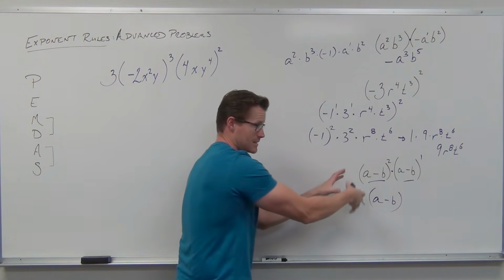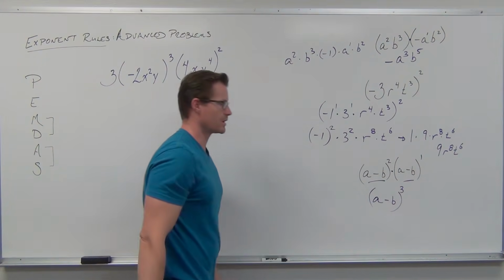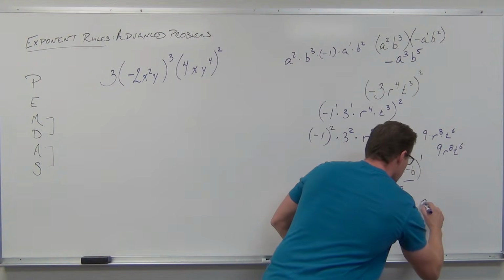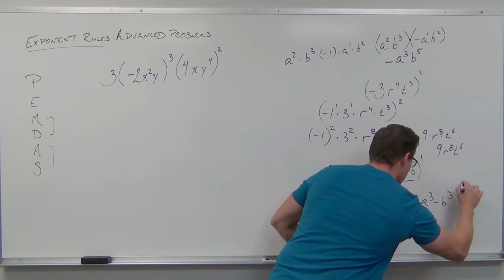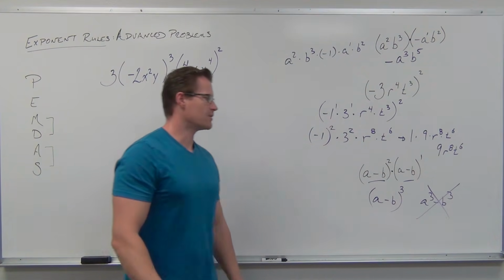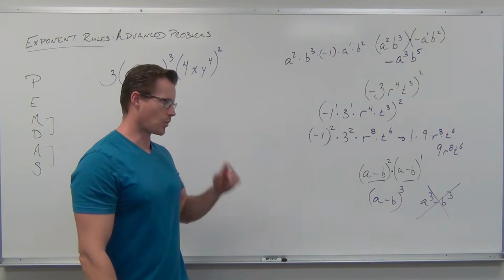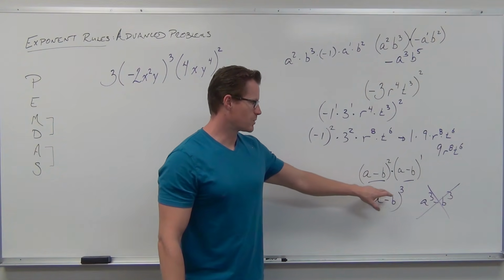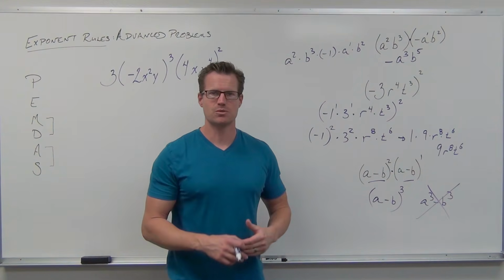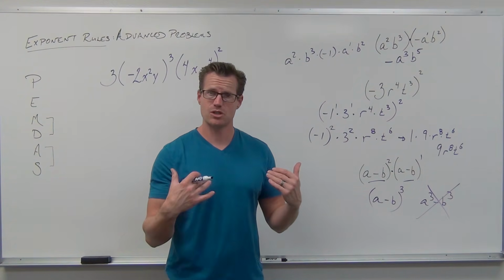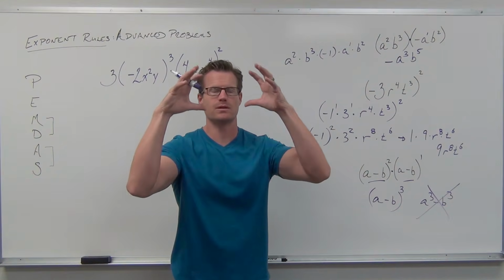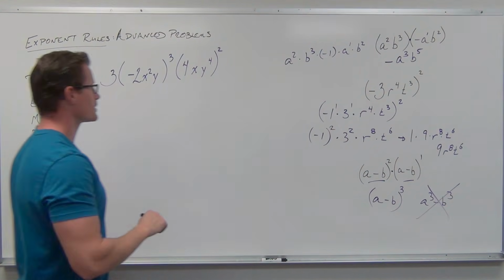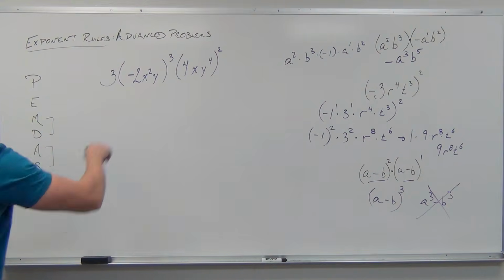Let's keep our base the same and add our exponent. Don't give me that. Do not give me a to the third minus b to the third. It never works. It doesn't work that way. So that would be distributing exponents across addition subtraction, which is a blatant no-no. Multiplication division, yes, that's one level below. All this stuff is one level below. If you haven't done it already, I'd really like you to try that one.